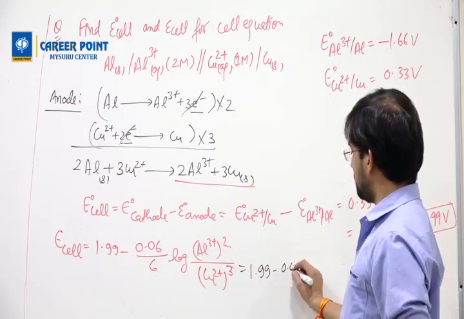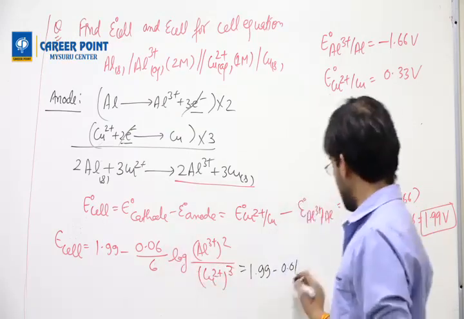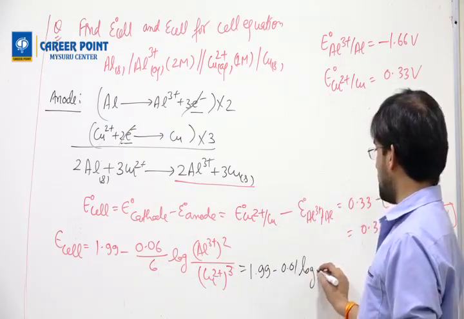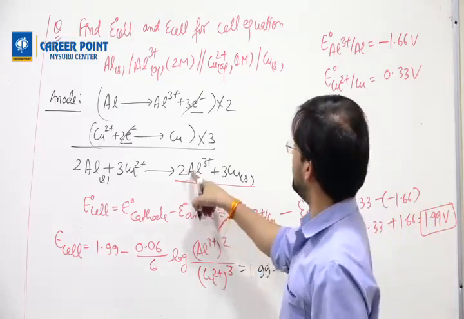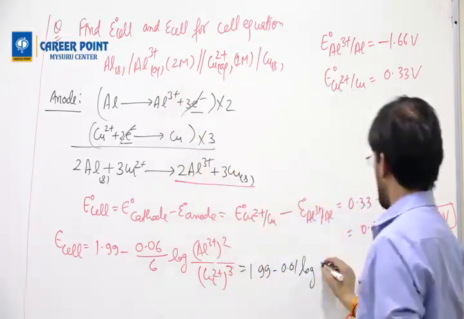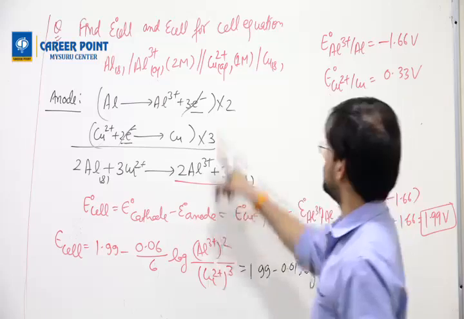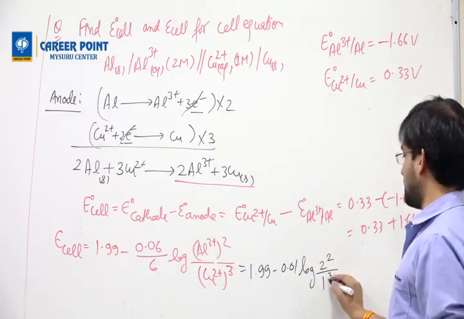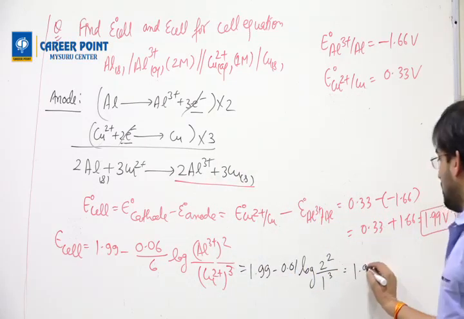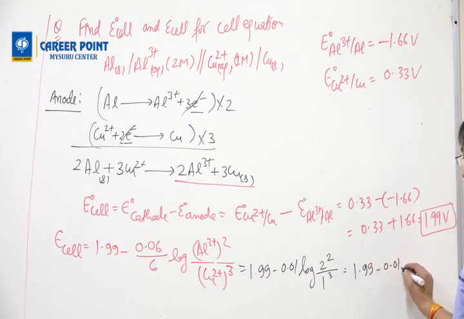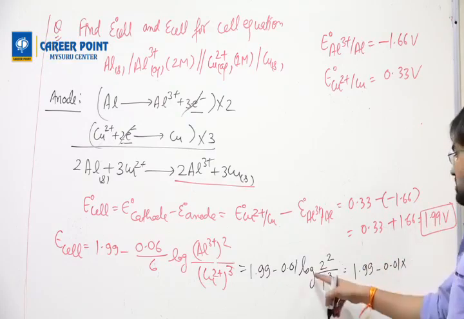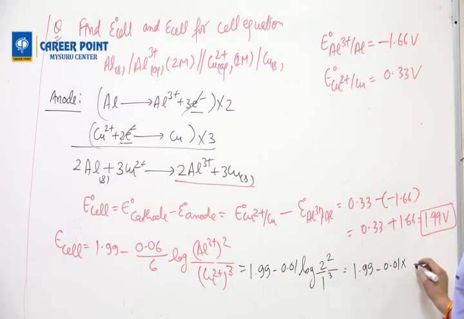1.99 minus 0.01 log of Al3 plus 2 power square, Cu2 plus 1 power cube. 1.99 minus 0.01, this is log 4. Log 4 is 2 log 2.